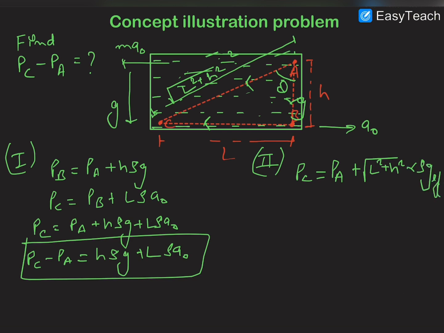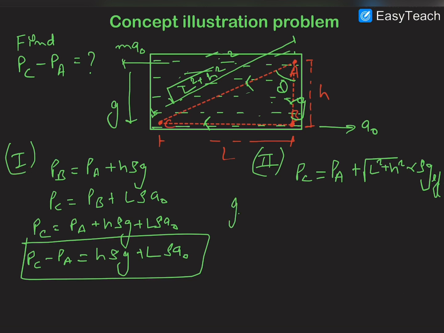Now the effective acceleration in this direction can be written as follows. You can see that the effective acceleration in the AB direction is g. So the component of g in this direction will be g cos theta, and the effective acceleration in this direction is a naught. So the component of a naught in this direction will be a naught sin theta.